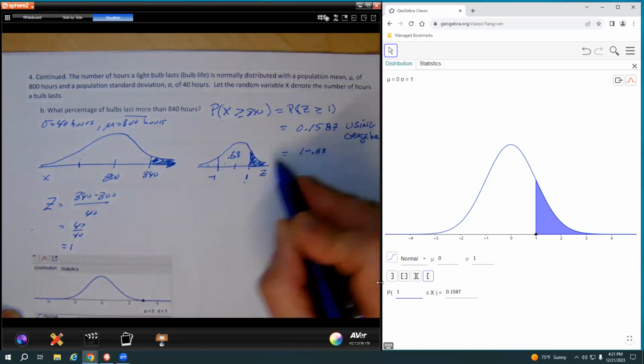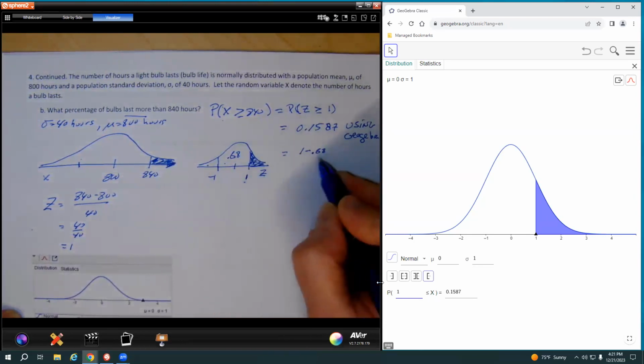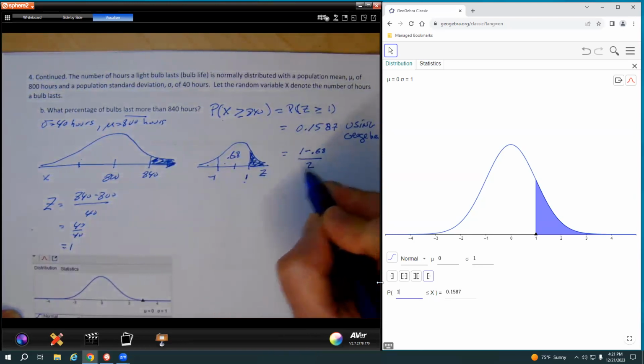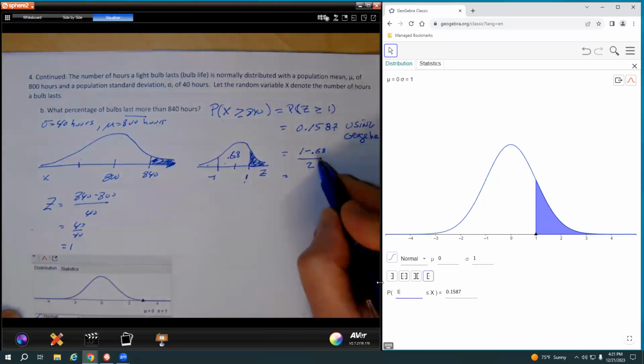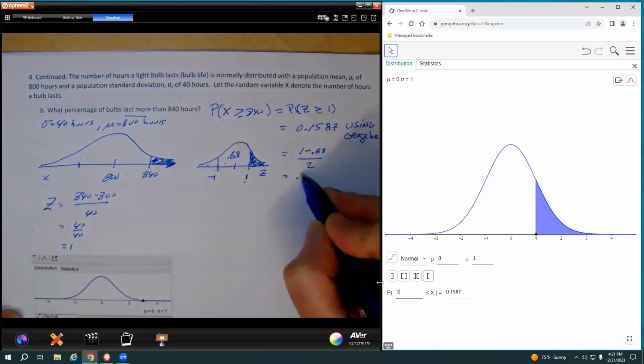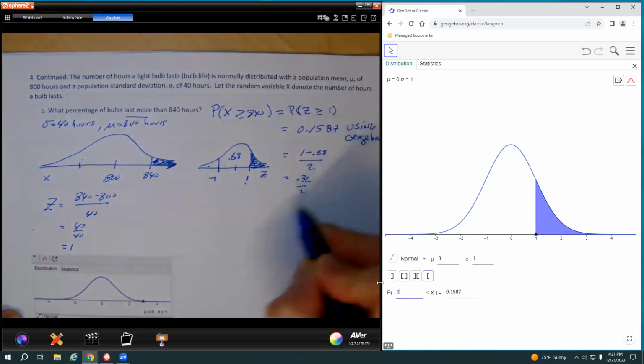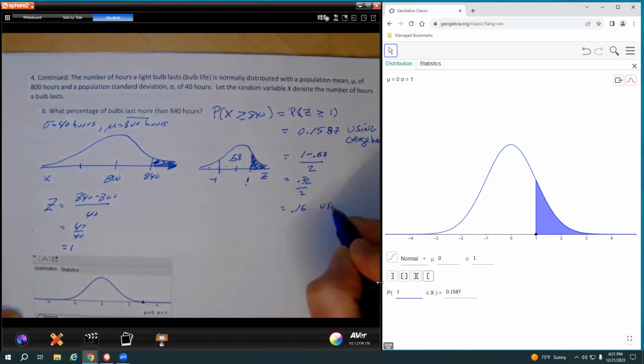I'm going to subtract it from 1 and that gives me the 2 tails, but I only want one of the tails, so that should be half. So using this rule, that gives me 0.32 divided by 2, and comes out to 0.16. Again, using 68, 95, 99.7.